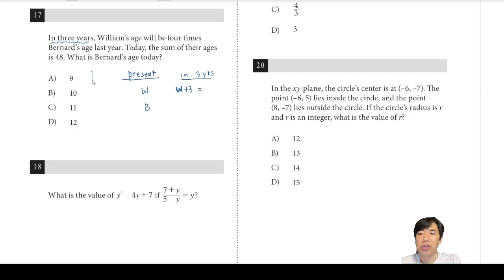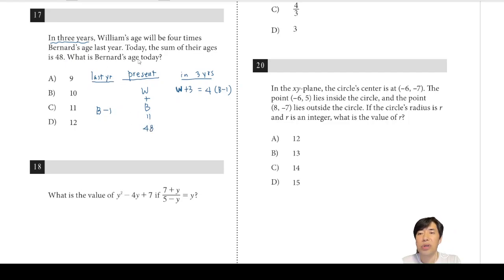Bernard's age last year is B minus 1. So that's 4 times B minus 1. Today, the sum of their ages is 48. So if you add these two together, that's going to be 48.